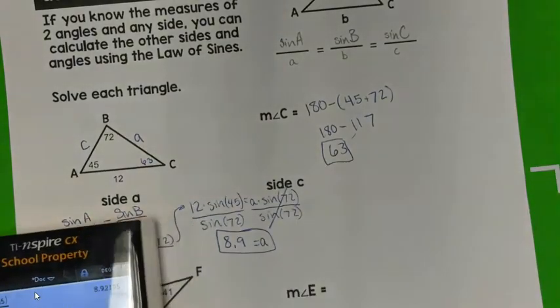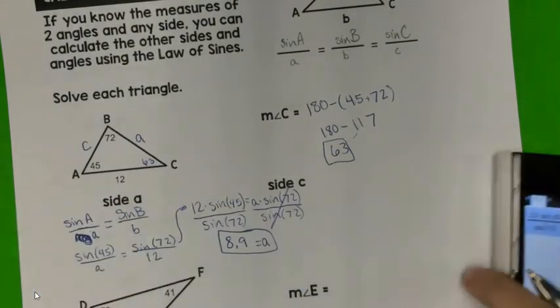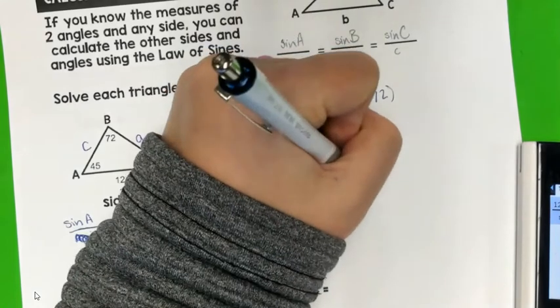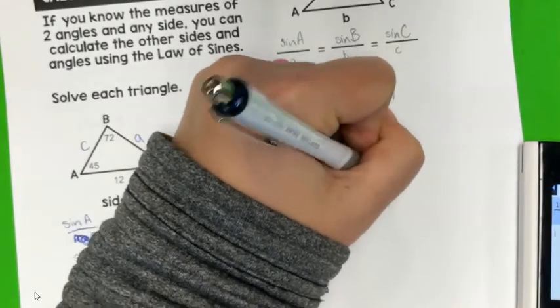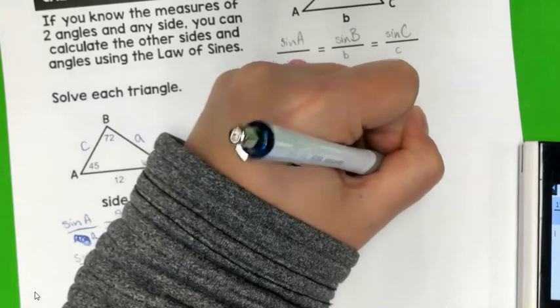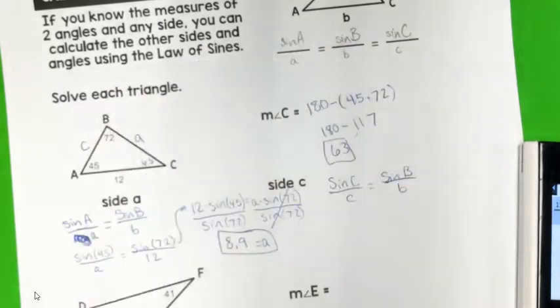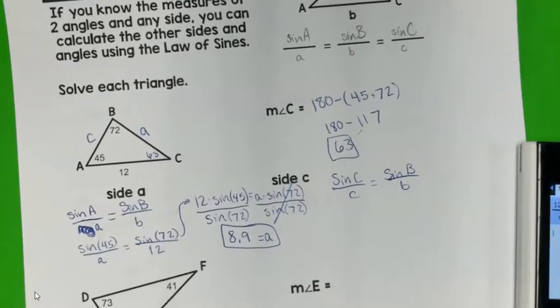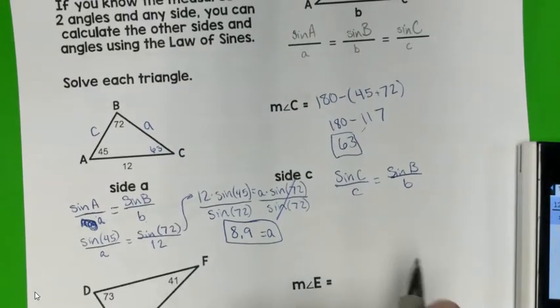And then our side C, I'm going to use B again. So I'm going to have sine C over C and sine B over B. The reason I'm using that is just simply because we already have sine B and it's not a decimal like side A would be.